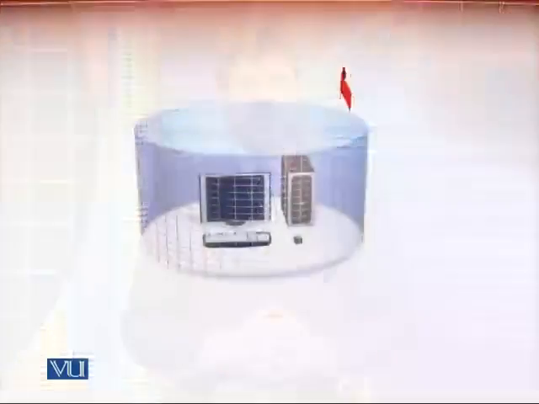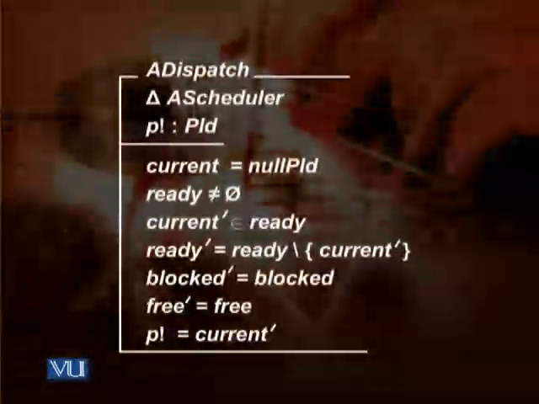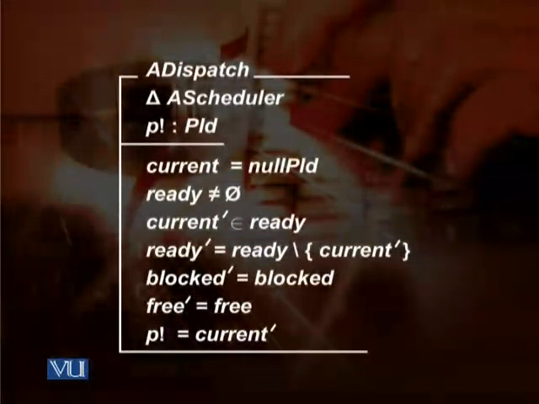Now we look at the specification for the dispatcher. What does dispatch do? Dispatch takes one element from the ready set and assigns the CPU to that, so it changes the current. So let us look at it. A dispatch changes the scheduler. A PID, that is the process ID, is the output.